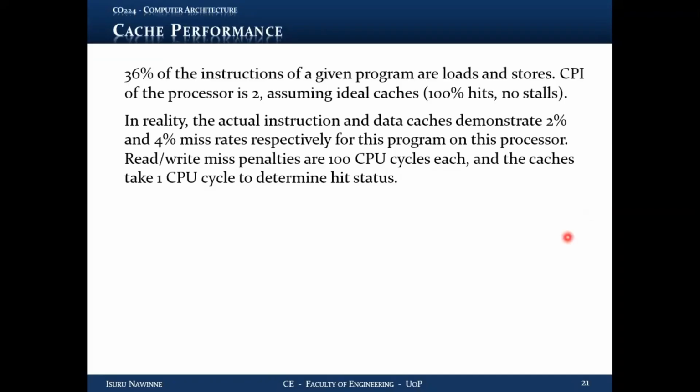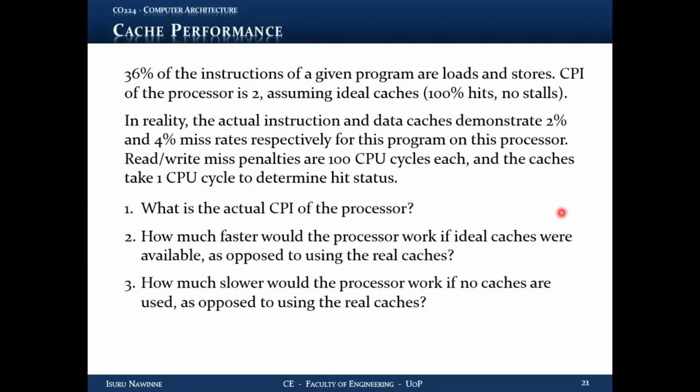So, here are the questions. First one is, what is the actual CPI of the processor? So when we have these real caches connected to our CPU, what is the actual CPI? The ideal CPI is 2 that we have been told. When we have the real caches connected, what is the actual CPI? Then how much faster would your processor run if these ideal caches are indeed available?